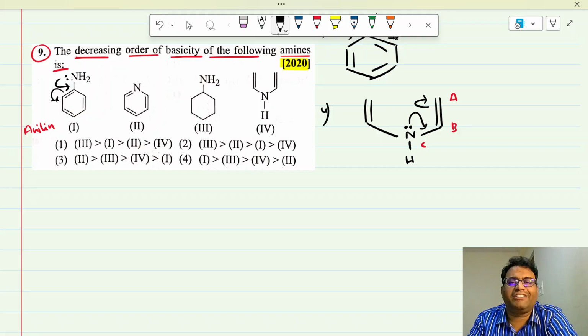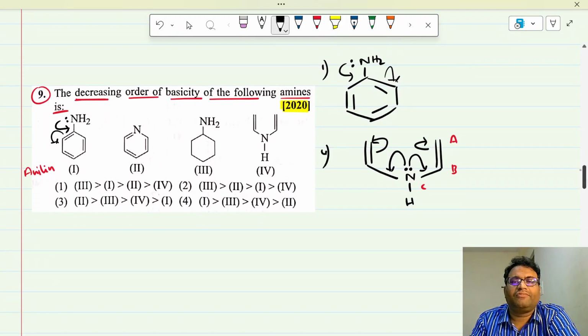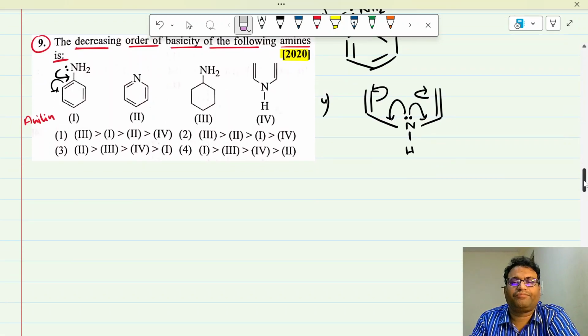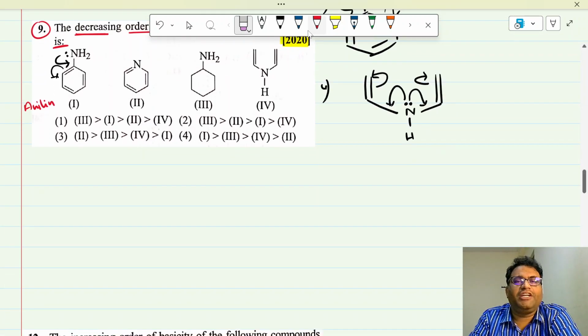Not only on the right side, there is also conjugation on the left side. On both sides, it is being conjugated. It is delocalized on both the sides. With both the pi bonds, the lone pair is under delocalization.